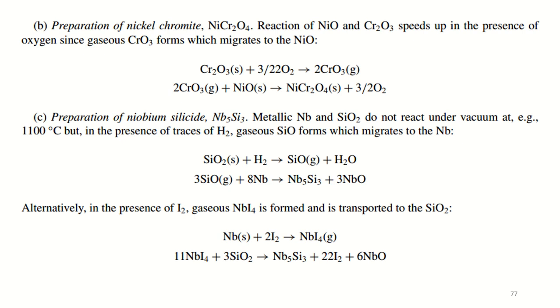The B process of chemical vapor phase transport methods is the preparation of nickel chromite, NiCr2O4. Nickel chromite is synthesized by the reaction of nickel oxide with chromium oxide in the presence of oxygen.